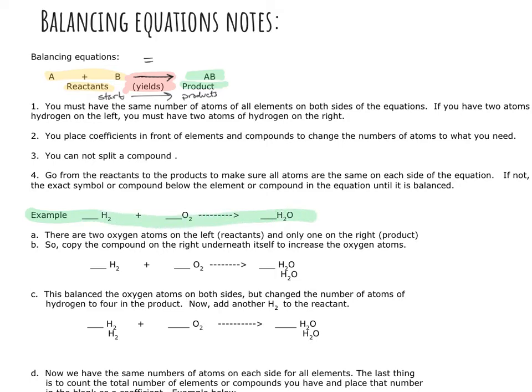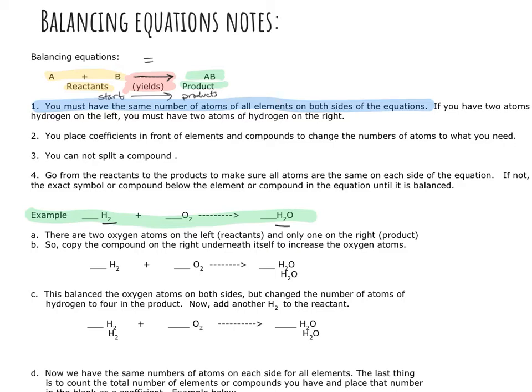This H2 plus O2 yields H2O. So rule number 1 for balancing is that you have to have the same number of atoms of all elements on both sides. Let's look at this equation right now. Looking at hydrogen, you've got 2 hydrogens on the left-hand side, which is the reactants, and 2 hydrogens on the right-hand side. All good.